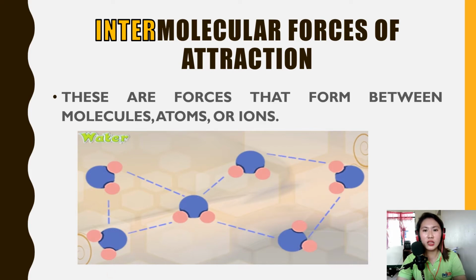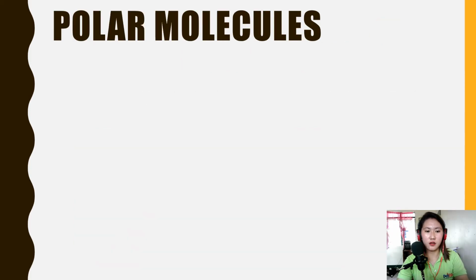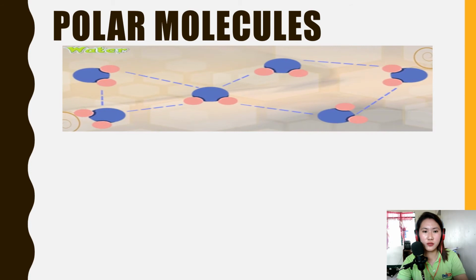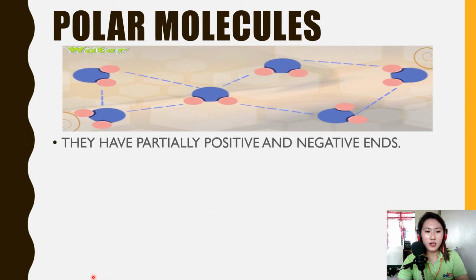So how can we differentiate polar and nonpolar molecules based on their intermolecular forces of attraction? For polar molecules, for example water, they have partially positive and negative ends, because they have an uneven distribution of electrons.